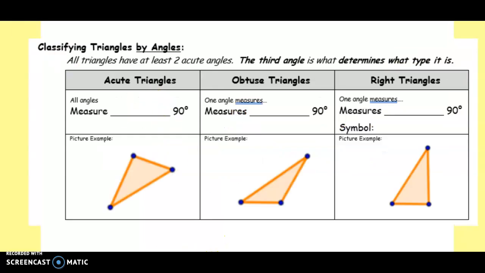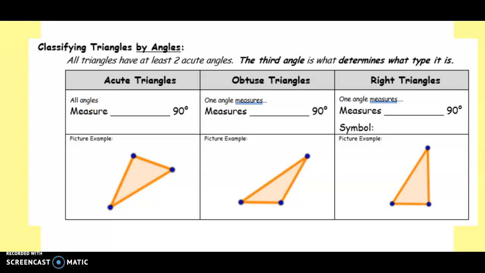All right, so to classify triangles, we can do that by angles. We can also do it by sides. First, let's take a look at classifying triangles by angles. Triangles are made up of three angles. At least two of them are going to be small, they're going to be acute. The third angle is what determines what type it is.